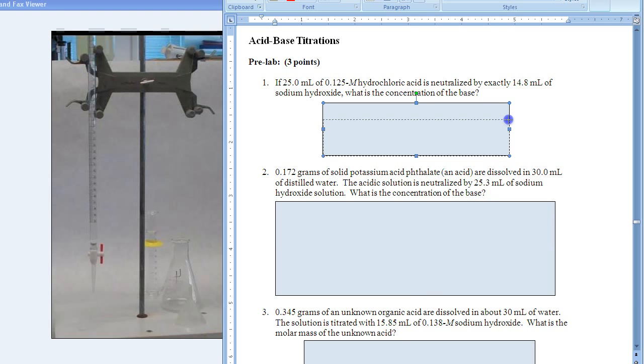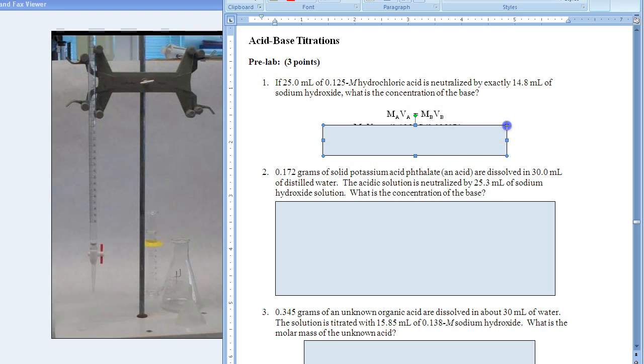So we would begin with the equation that at that end point the moles of acid present are equal to the moles of base. Since each of these came from a solution, it's appropriate to use MAVA to represent the moles of acid and MBVB to represent the moles of base, the molarity of the base being the unknown quantity.